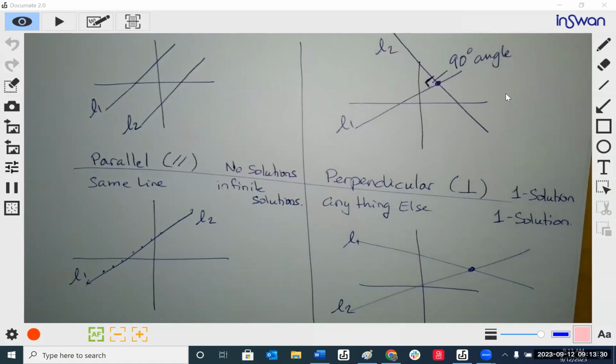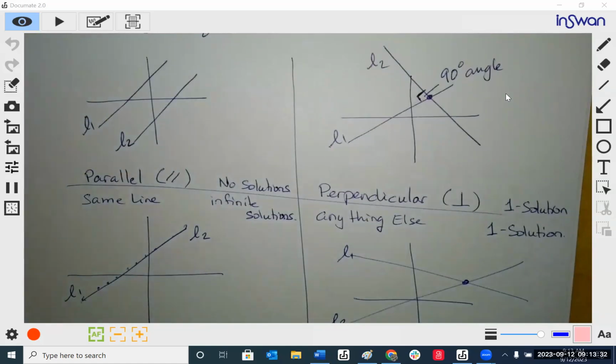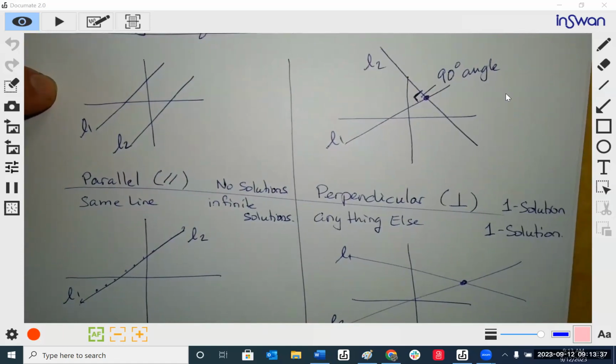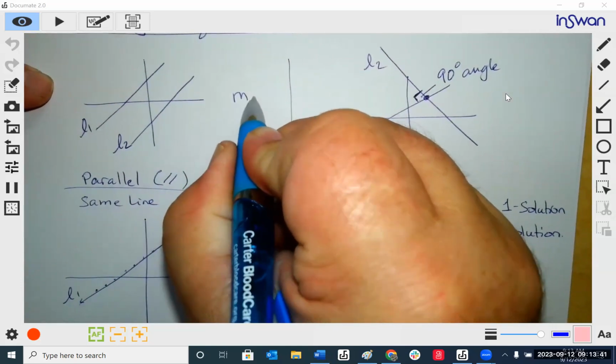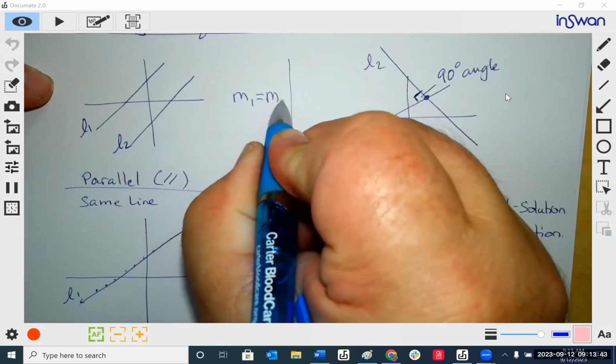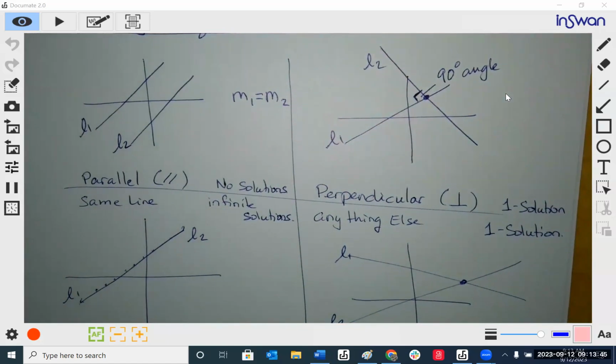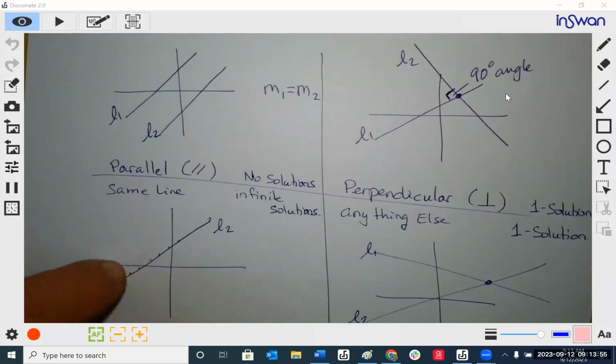How do we distinguish them apart? What do we notice? How do we tell if two lines are parallel? Very good. The slope of line 1 equals the slope of line 2. But how about this one down here?